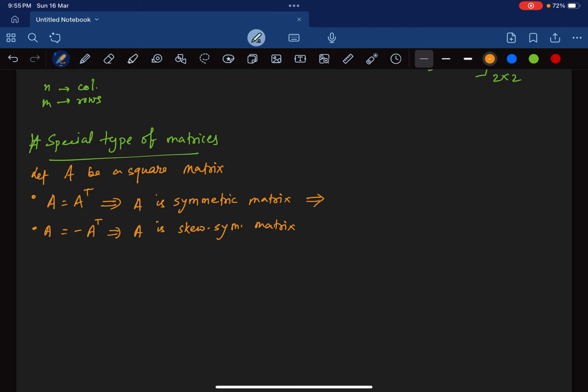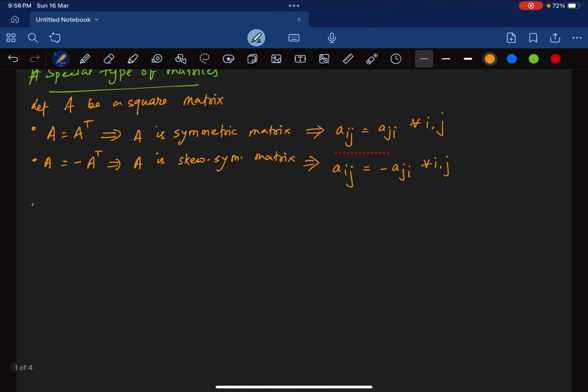So in this case, if A is symmetric, then Aij is the same as Aji for all i and j. And if A is skew symmetric, then Aij is minus Aji for all i, j.